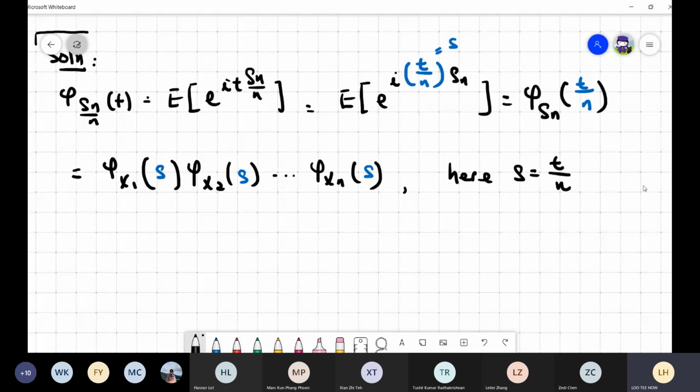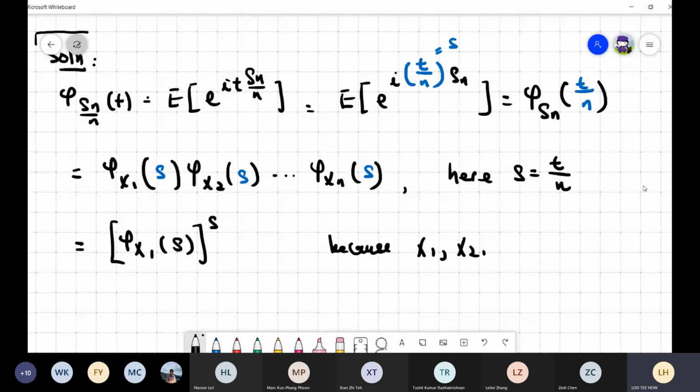Okay, and because all these have the same distribution, therefore you can say this is phi_{X_1}(s) to the power of n. Because X_1, X_2, and so on are IID, they have the same distribution. Oh, sorry, this is not s, this is actually n. Okay, find X_1 of s.